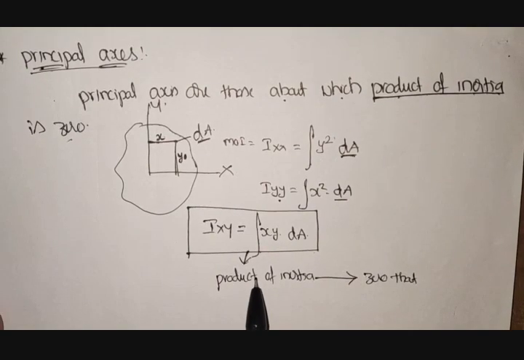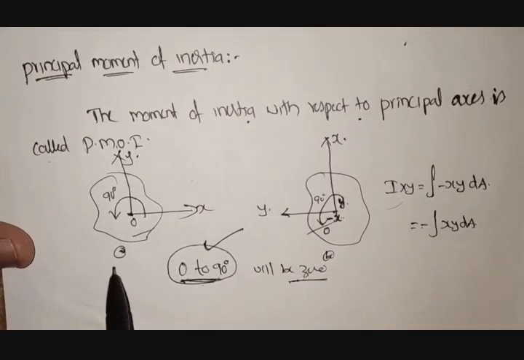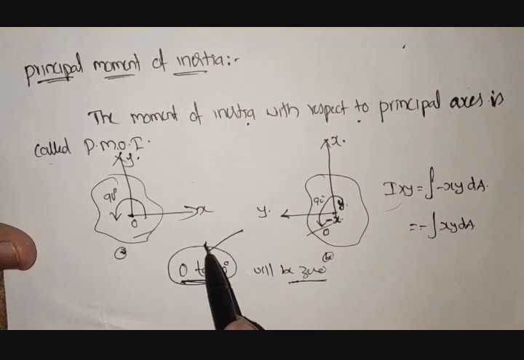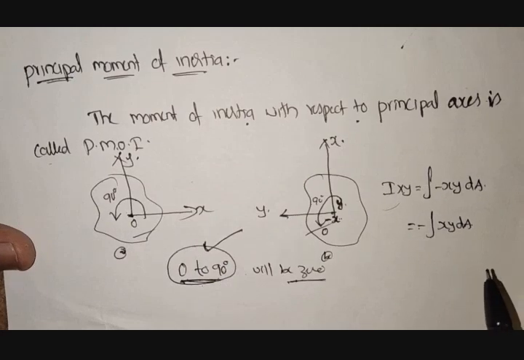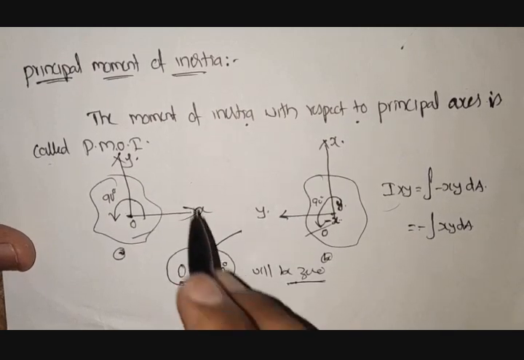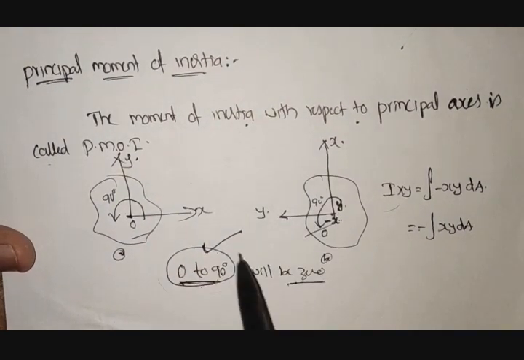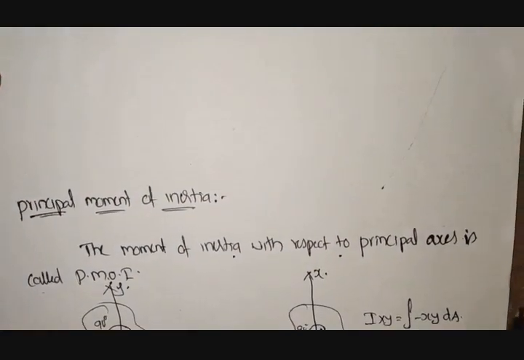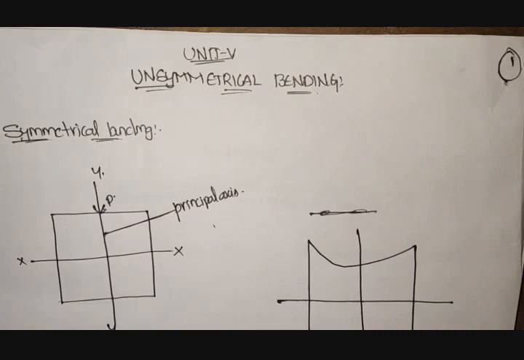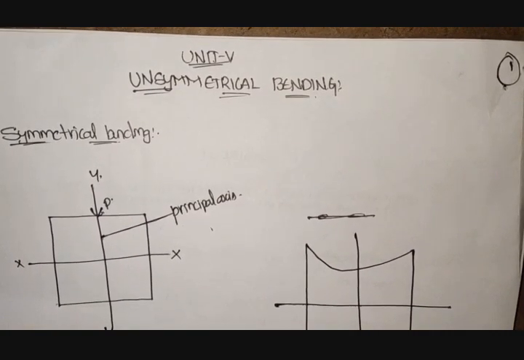The product of inertia will tend from 0 to 90 degrees. We don't know where, but anywhere between 0 to 90 degrees it can become 0. And the moment of inertia which lies in between, that is known as principal moment of inertia.